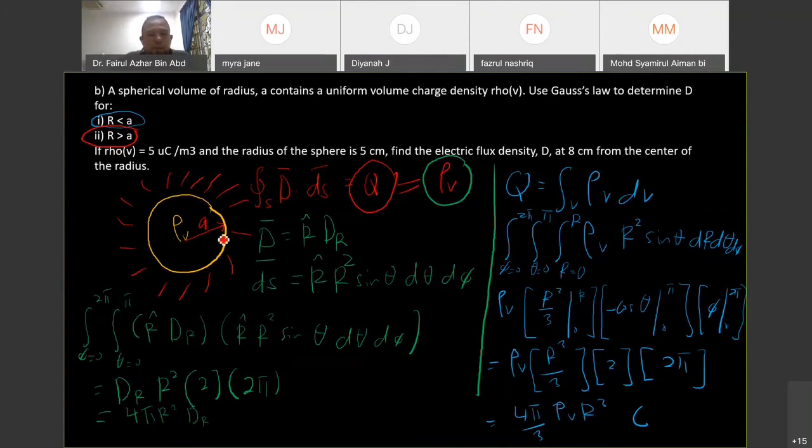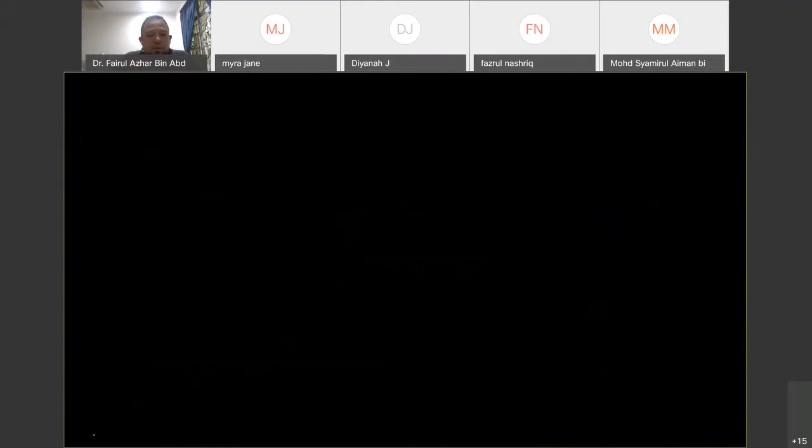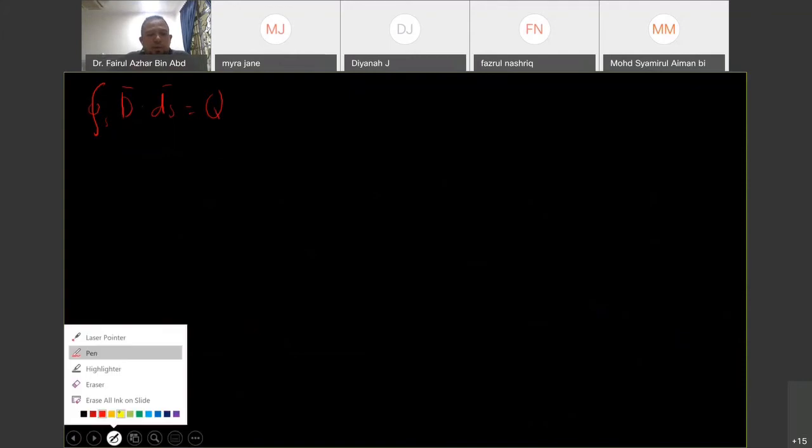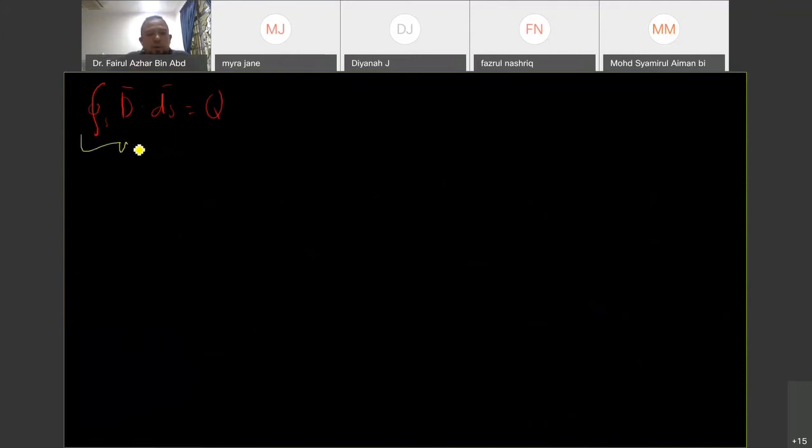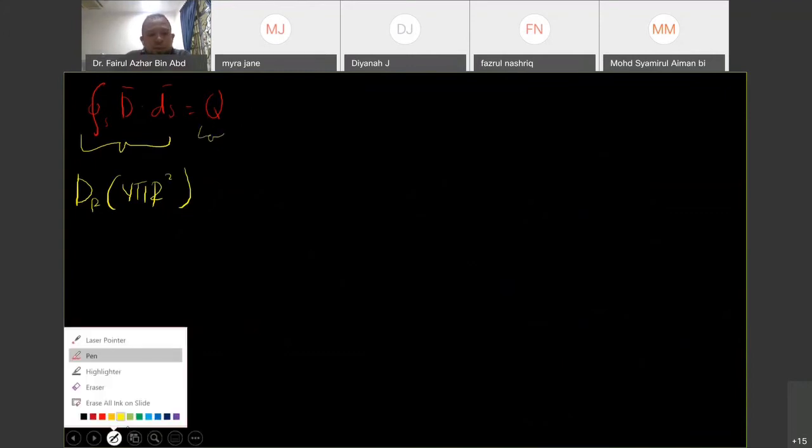In this case, we have Gauss's law, integral of D dot ds equals Q. For this side of the equation, if we solve it we will have the same answer: Dr multiplied by 4 pi r squared. But for the solution of the other side, we need to do it differently.